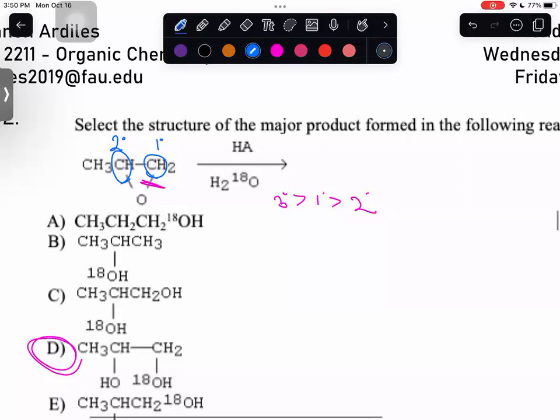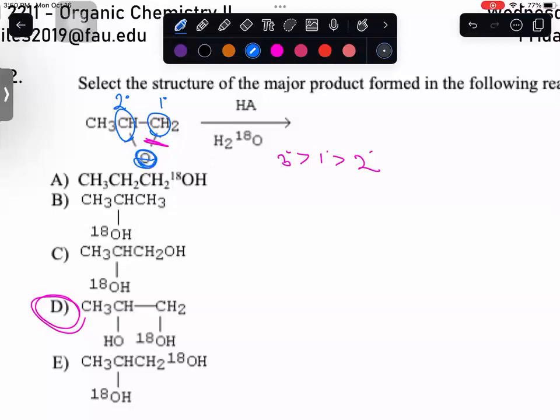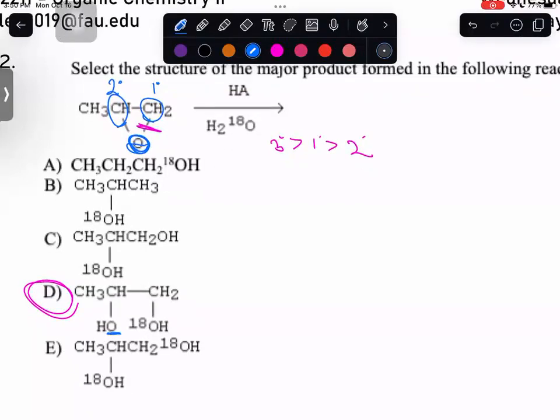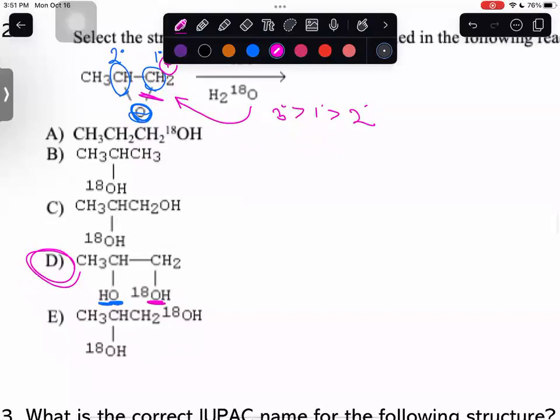So that means that the oxygen from the epoxide is going to be hanging from the secondary carbon, which is right here. And eventually it's just going to get protonated. Now, on the side that we cleave, the primary carbon, technically we have a carbocation. So that's where our reagent is going to be attacking. In this case, it's water with an isotope. So that's why we have oxygen 18 on the other side.